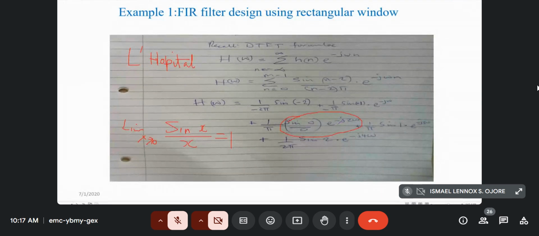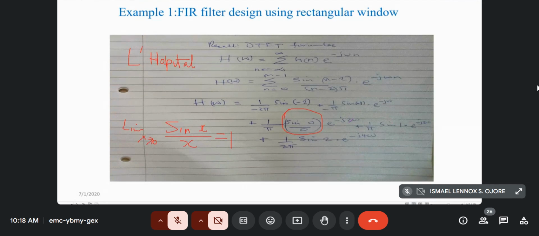Oh, e to the 2j omega. So it will be this. Ah, no. This one will be this. It will not be 1. It is this that will become 1 because of the limit. But we never write it in this format. We normally do that limit, and then this becomes 1 over pi times e to the minus j 2 omega.